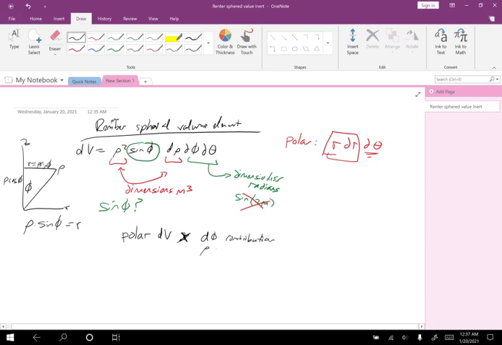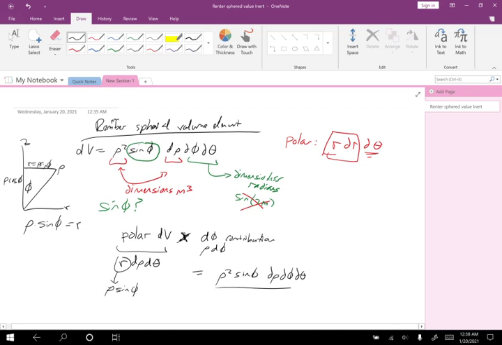And this d phi contribution is really just rho d phi. And the polar part is r d rho d theta. And our r really is just rho sine phi. So now we get rho squared sine phi d rho d phi d theta, which is what we want.